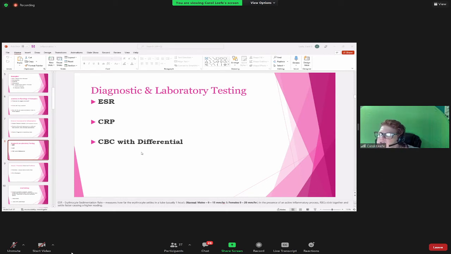So now we go to diagnostic and laboratory testing. I mentioned the esophagogastroduodenoscopy before, an EGD.